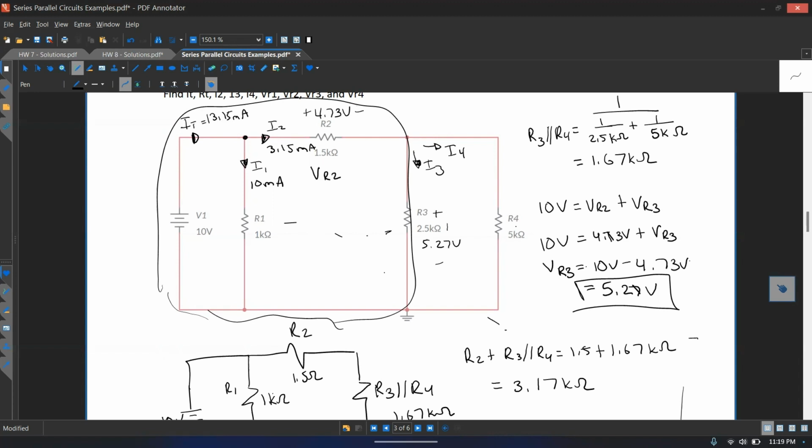So therefore, we know that voltage as well. So VR4 equals VR3, which equals 5.27 volts.